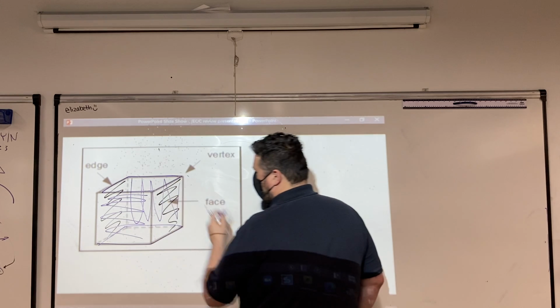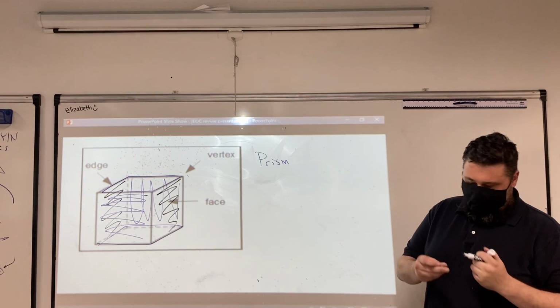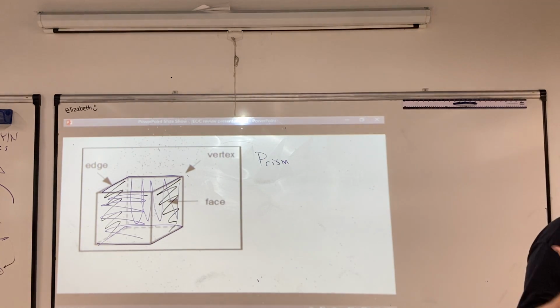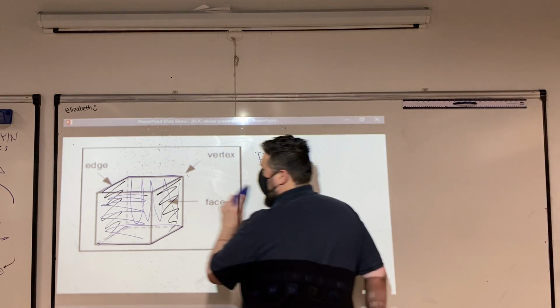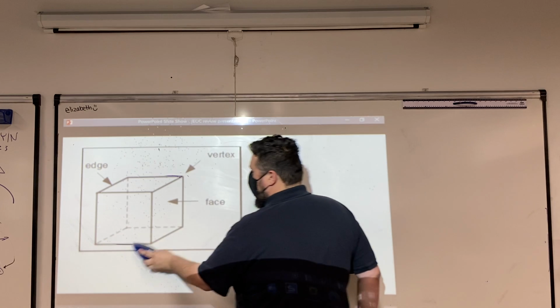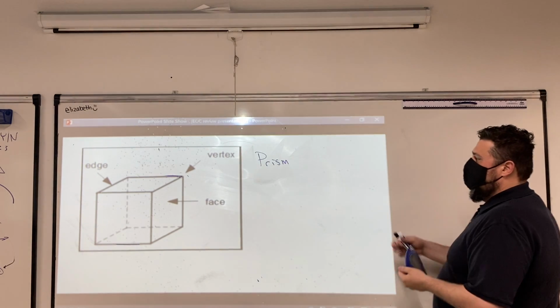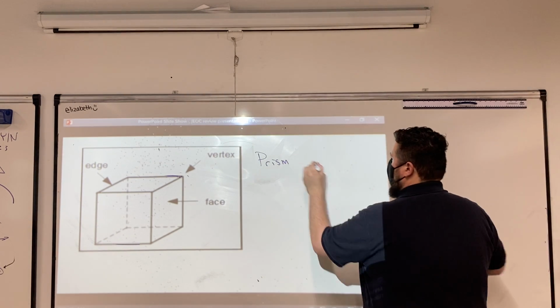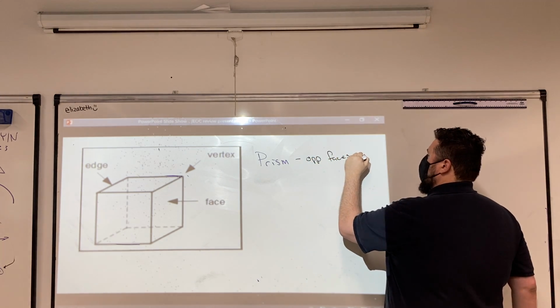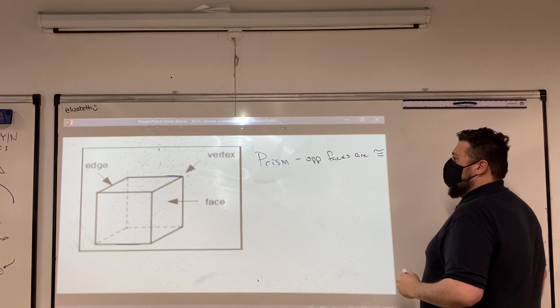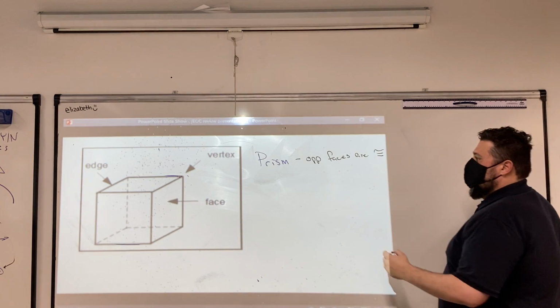All the faces opposite of each other are exactly the same. Let me erase this so you can look at it again. Actually, I'm going to go to the next slide. So for it to be a prism, all the opposite faces are the same. We'll say they're congruent.